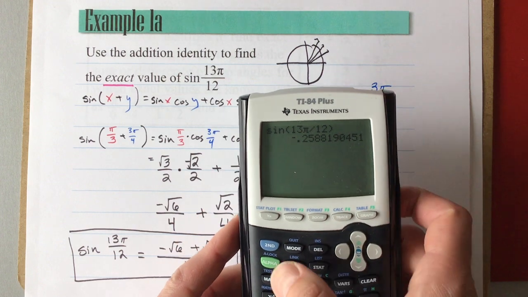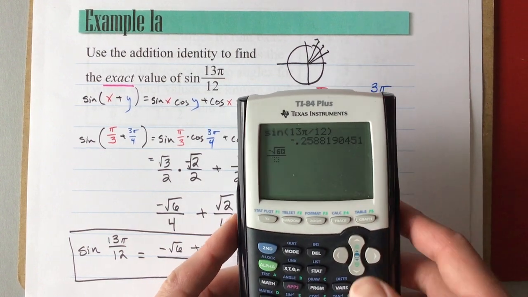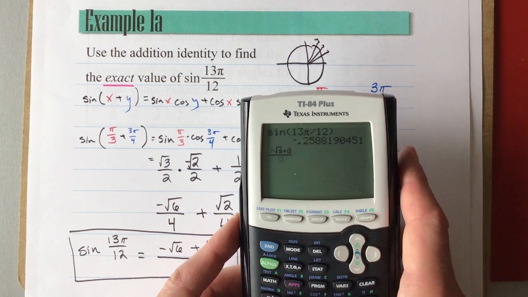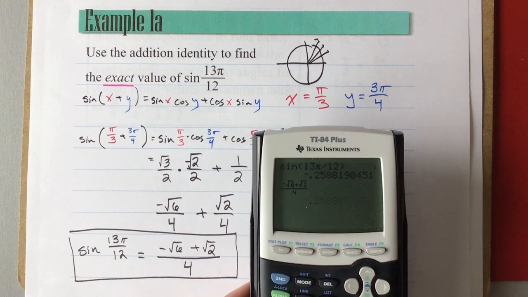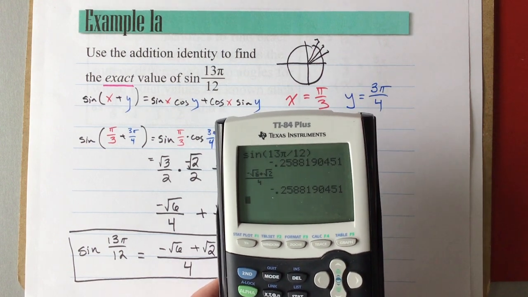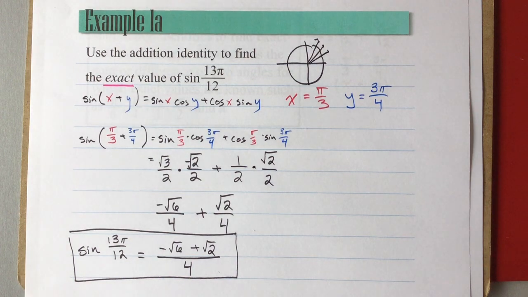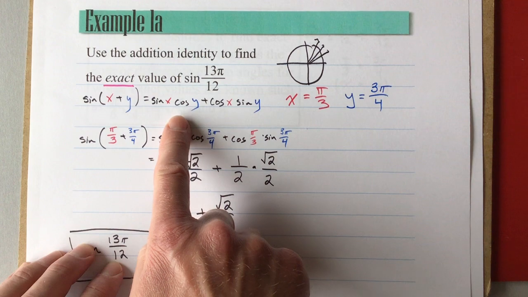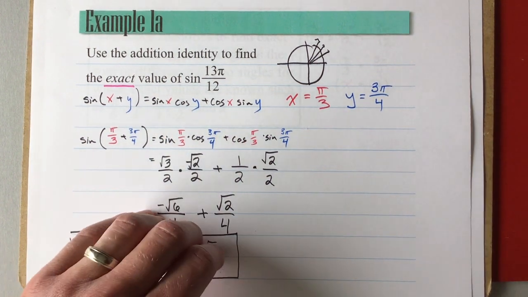And if I also take negative root 6 plus root 2 and divide that by 4, I get the same approximate value. So I have evaluated the sine of an angle that I normally would not be able to work with by rewriting it as a sum of two angles that I do know.